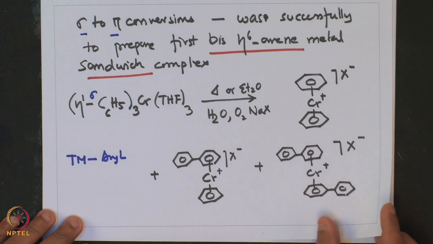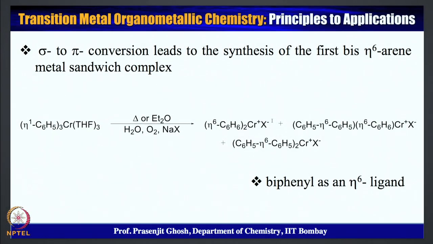Now, going back to the discussion, on ligand to metal sigma donation and metal to ligand pi back donation, we would see how the interplay between these two interactions affects the stability of transition metal aryl complexes.